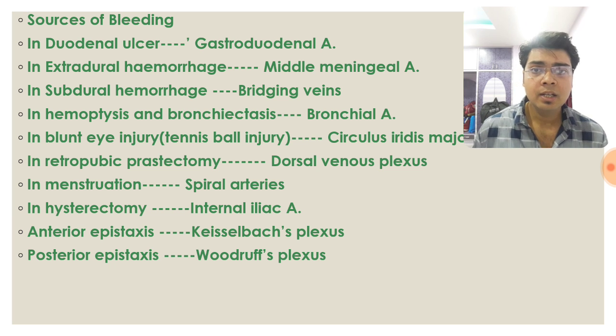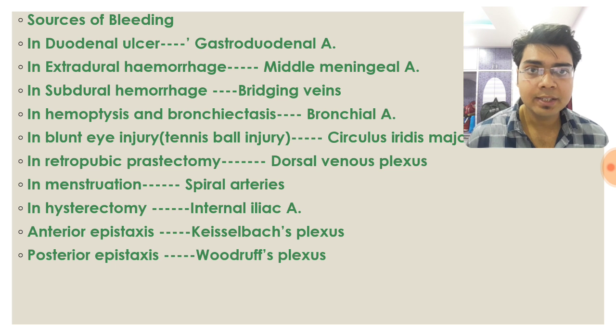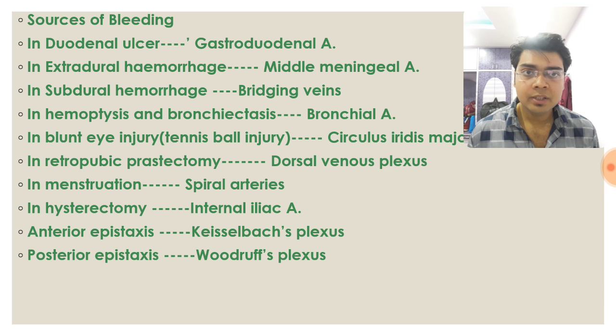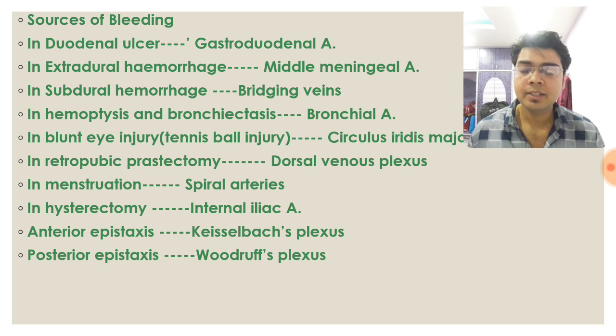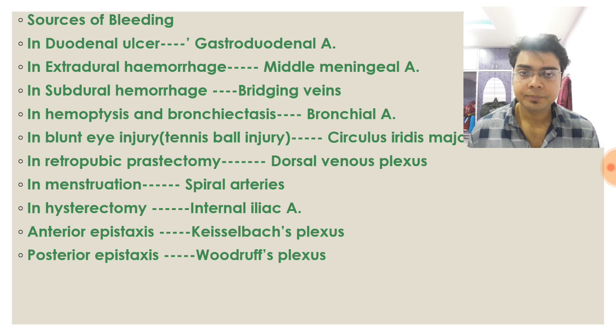Sometimes they ask questions like, in subdural hemorrhage, you see bleeding from which veins or vessels? It is from bridging veins. In duodenal ulcer, it is the gastroduodenal artery. In extradural hemorrhage it is the middle meningeal artery. In hemoptysis and bronchiectasis you see bleeding from the bronchial artery.